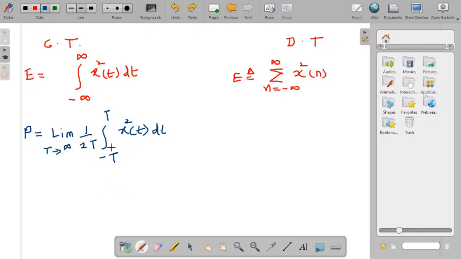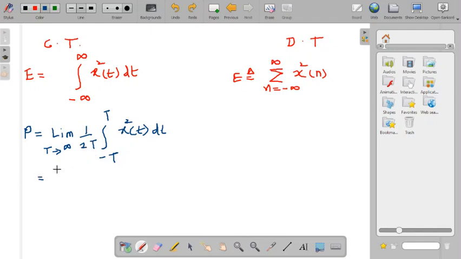So here you observe the limits of integration are from minus T to plus T, and hence we are dividing this total integration by a base or a duration called 2T.